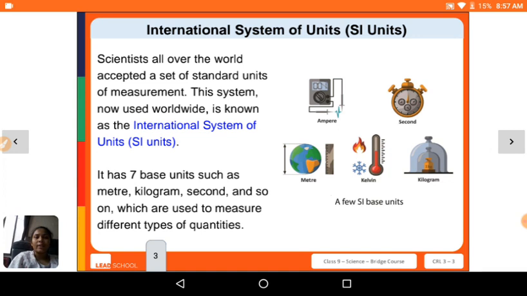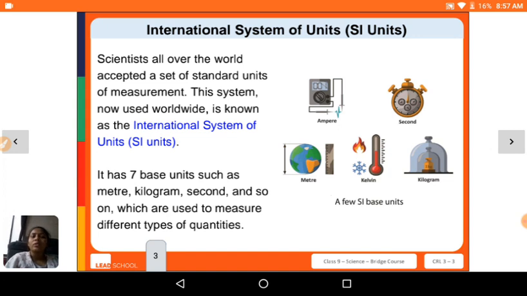All the scientists in the world have accepted that there should be some standard units of measurement to maintain uniformity.